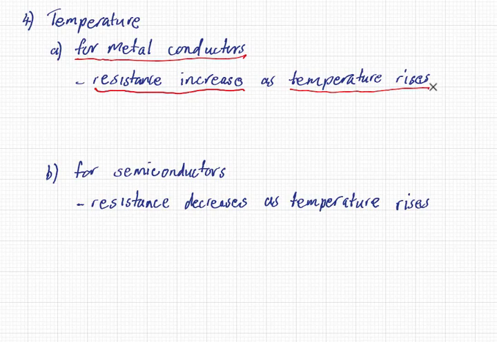Why is it so? The reason is that when you have your metal being heated, the atoms will gain kinetic energy, and when they gain kinetic energy, they vibrate vigorously in their fixed positions.